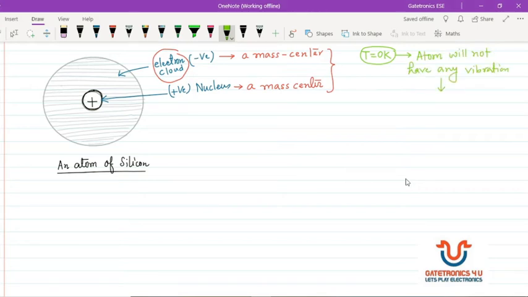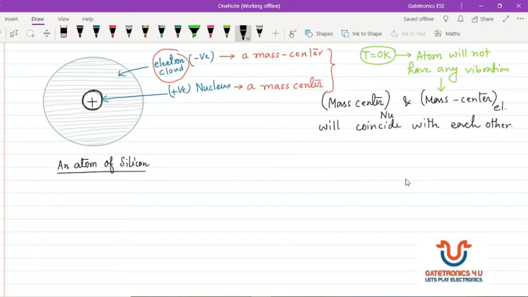So the mass center of the nucleus and the mass center of the electron cloud will coincide with each other, because the atoms are static now. But when the temperature is greater than 0 K, the atom starts vibrating.